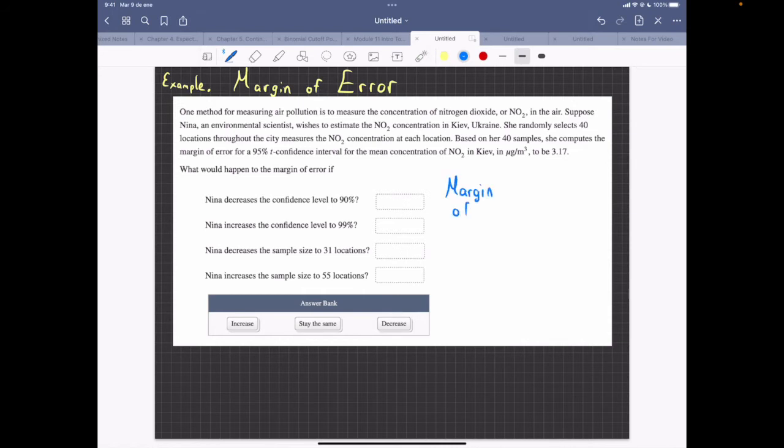Margin of error is only the value t subscript alpha over 2 comma n minus 1 times the standard deviation divided by the square root of n. That is the margin of error. This, by the way, is lowercase s, the standard deviation, right?